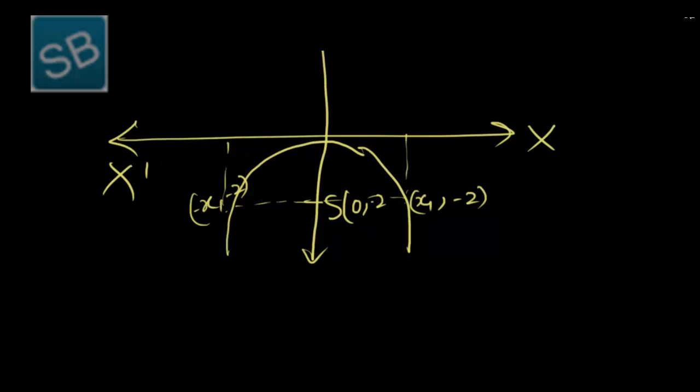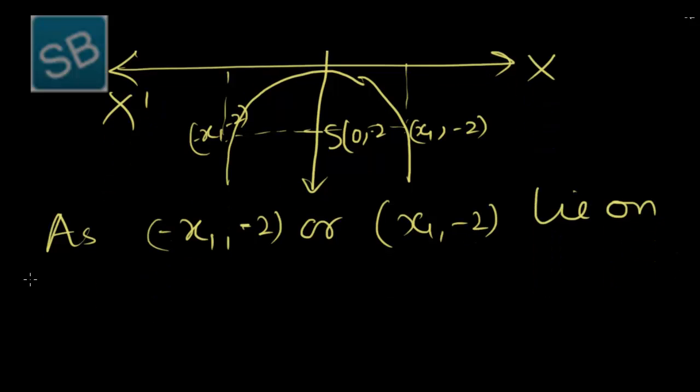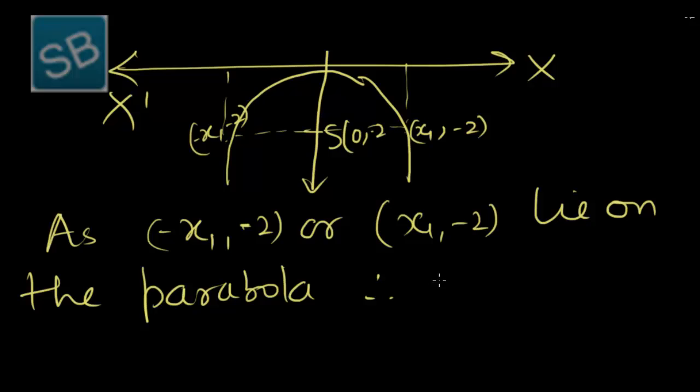As minus x1, minus 2 and x1, minus 2 lie on the parabola, therefore we have x1 square is equal to minus 8 into minus 2, that is 16.